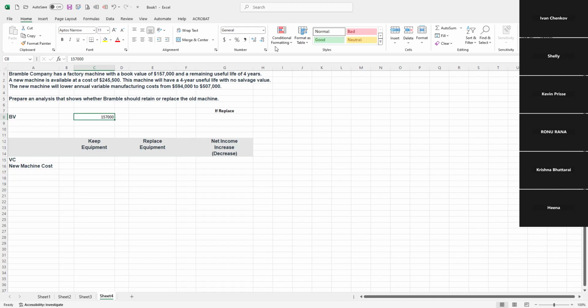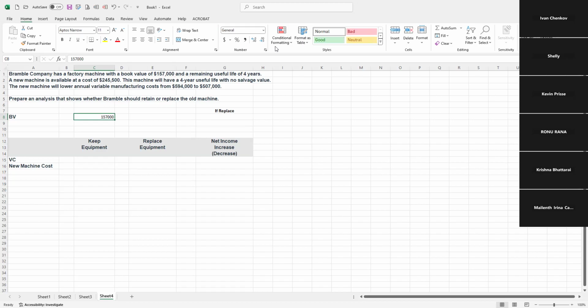Now the question is, are the savings over the 4 years enough to cover the cost of the new machine? Correct? That's where the decision is. If the savings over 4 years is high enough to cover the cost of the new machine, if it's yes, then go for it.